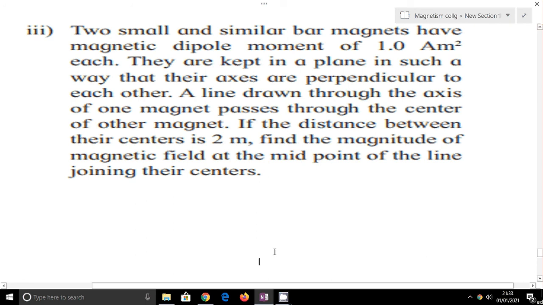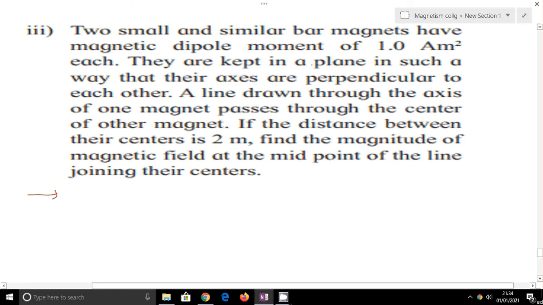Okay, then the third numerical from chapter number 12, that is magnetism. See what the numerical is, first read it. Two small and similar bar magnets have magnetic dipole moment of 1.0 ampere meter square each.